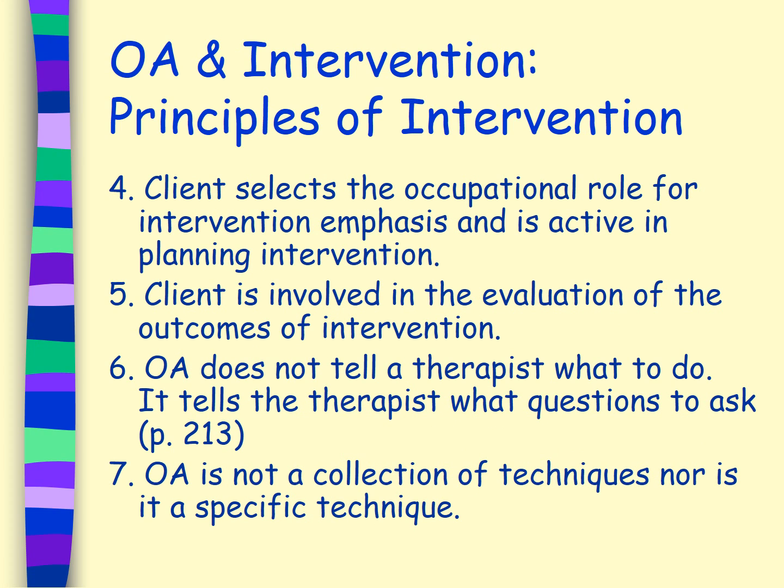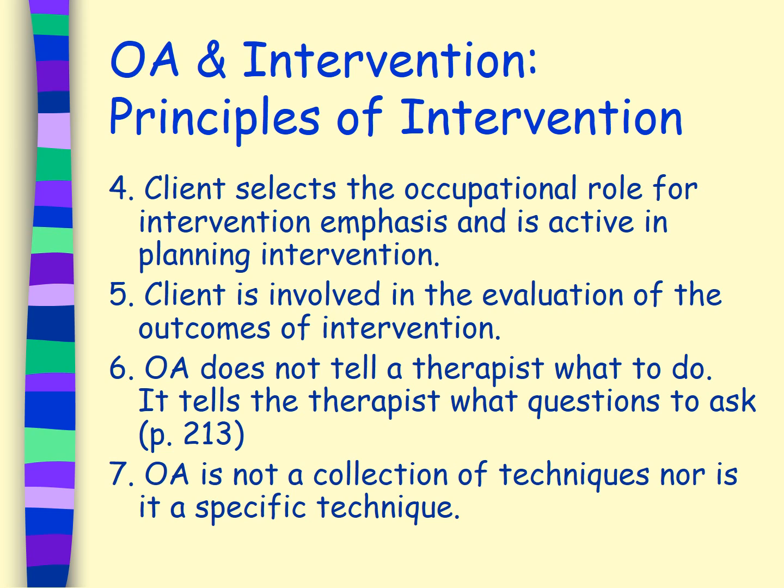The client selects the occupational role for the intervention, and the emphasis is an active planning intervention. So again, they're very client-centered using this model. The client is involved in the evaluation of the outcomes of the intervention. OA does not tell the therapist what to do. It tells the therapist what questions to ask.